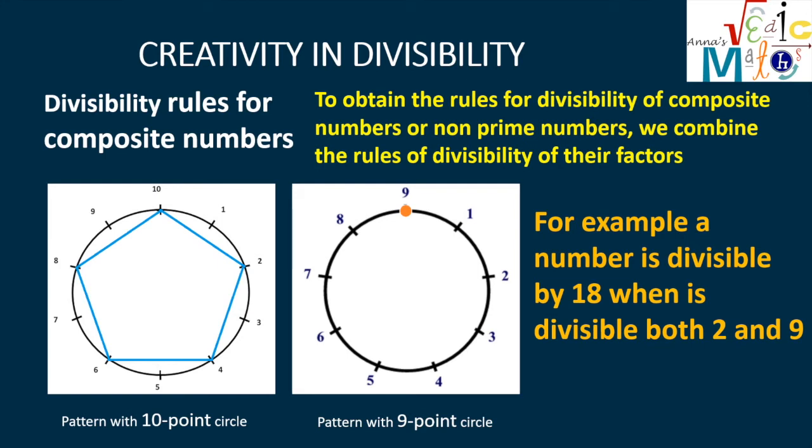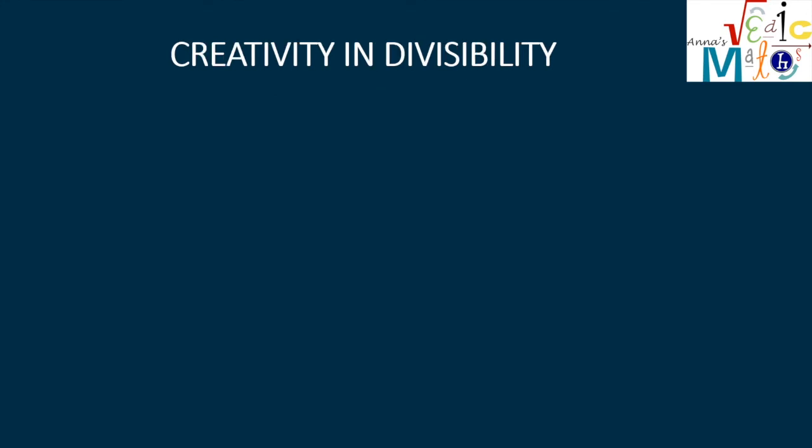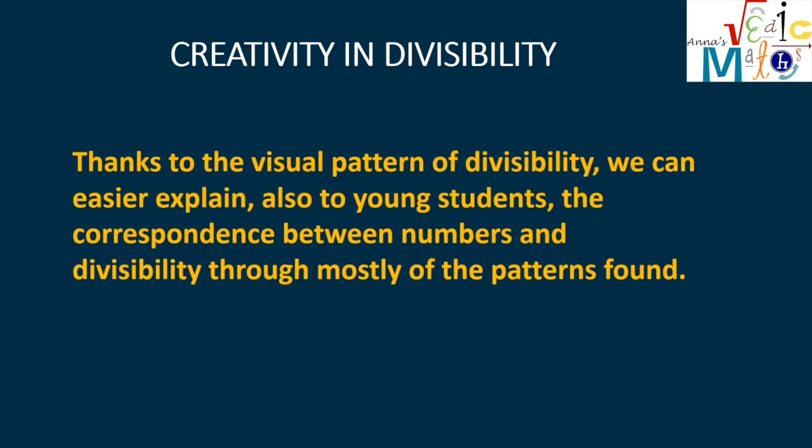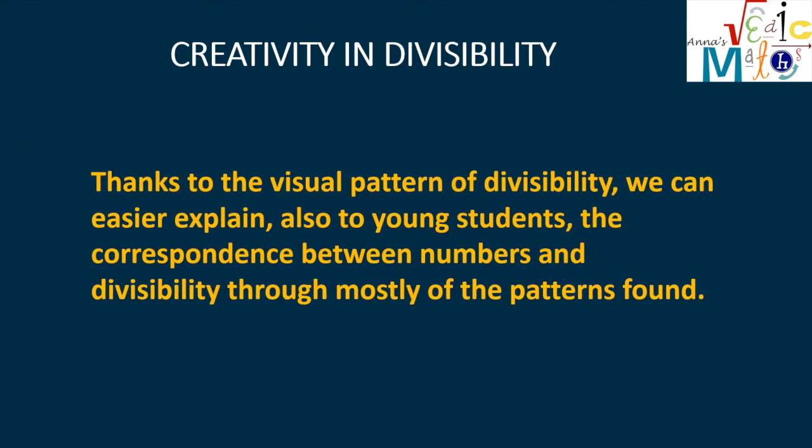So we obtain the pentagon with the ends of the number, and the 9 by the digit sum. The visual patterns of divisibility join numbers and shapes. It's nice for all age students, and it helps children to remember divisibility rules.